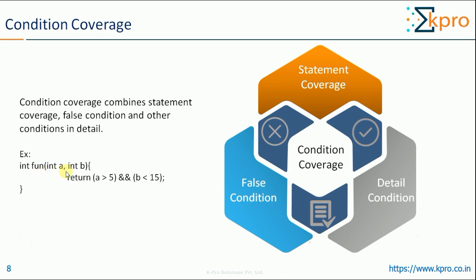Consider a function which accepts a and b as input and returns boolean value depending upon if a is greater than 5 and b is less than 15. This kind of statement is not validated either by statement coverage or by branch coverage. Hence, condition coverage is very important to validate very minute levels of statements.